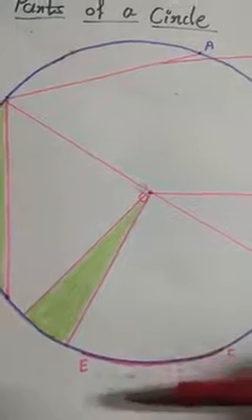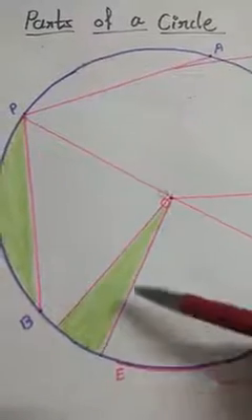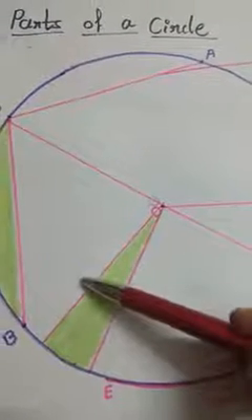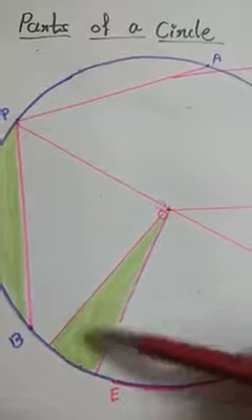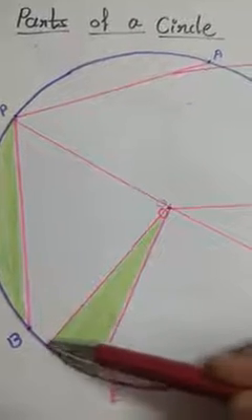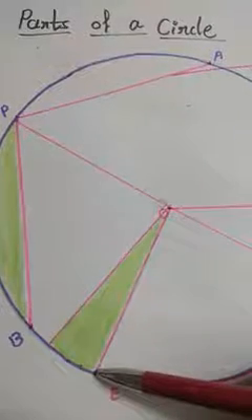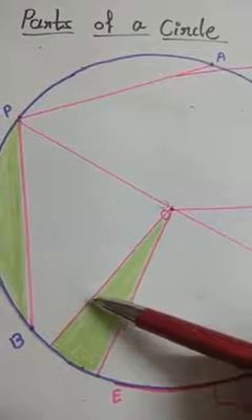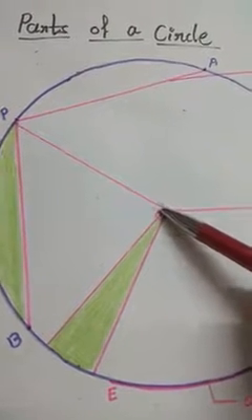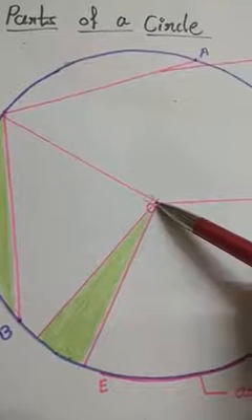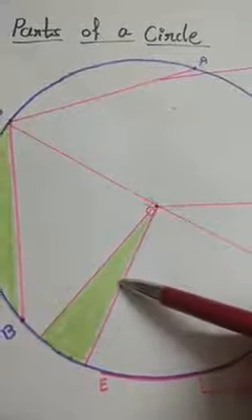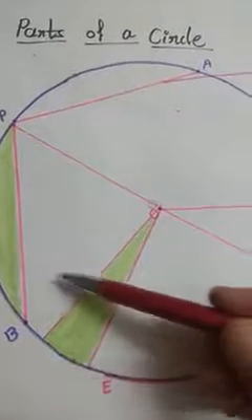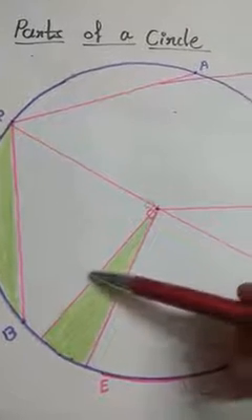The sector is the region in the interior of the circle, enclosed by an arc on one side and two radii on the other two sides. So an arc must be there, and on either side of the sector are radii from the fixed point, the center of the circle.